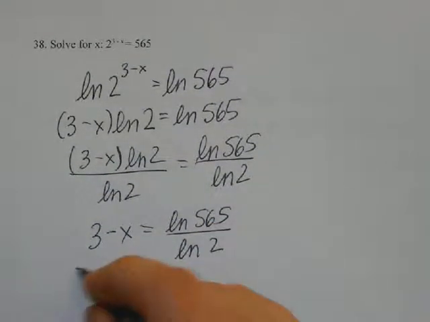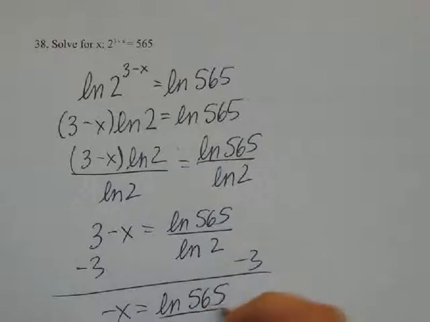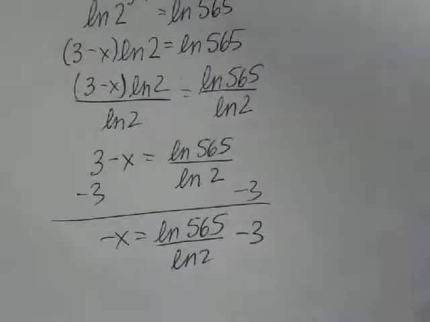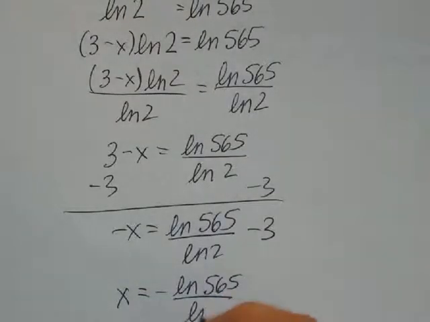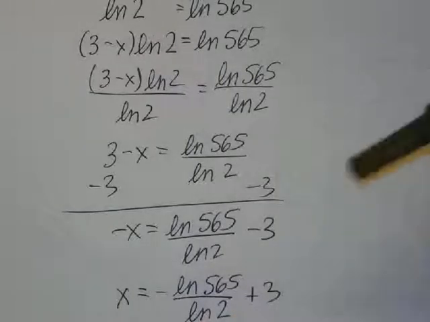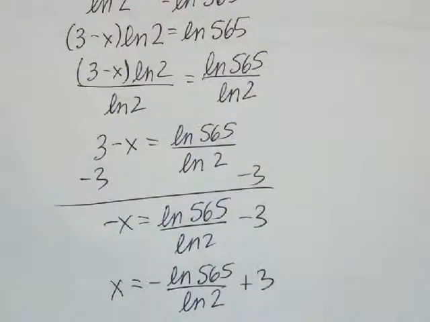I'll subtract 3. And then I'll divide by negative 1. Okay, so there's my exact answer. Now, if at some point you decided to change it to a decimal, that's fine.